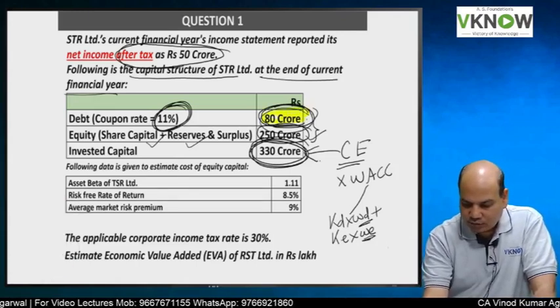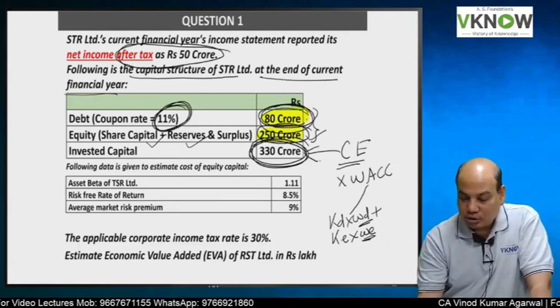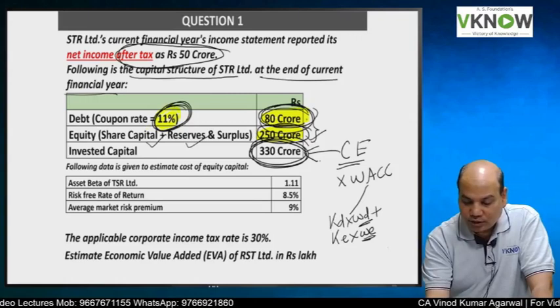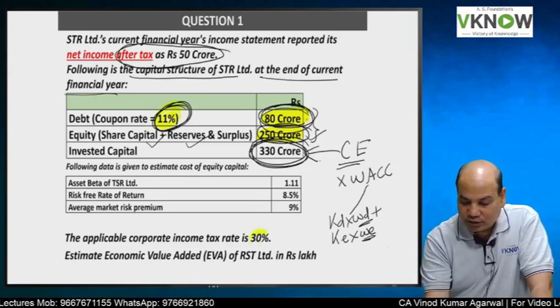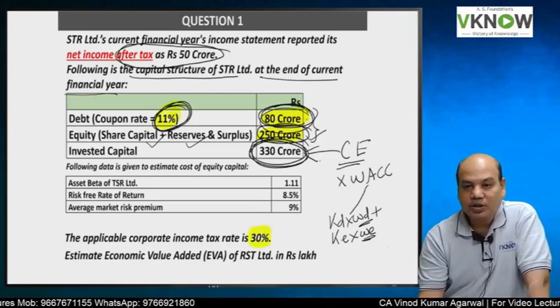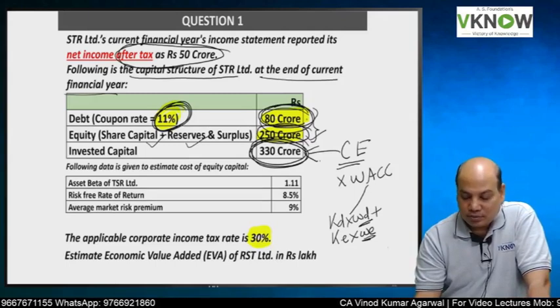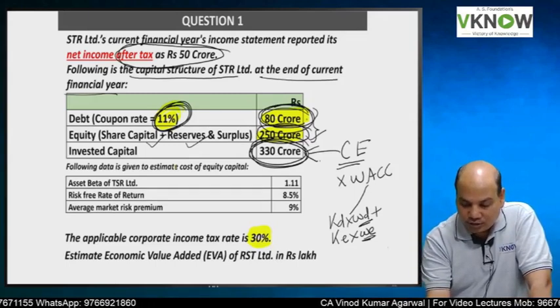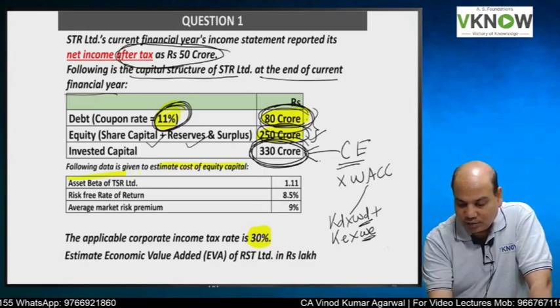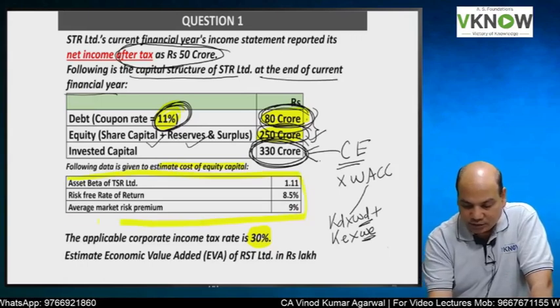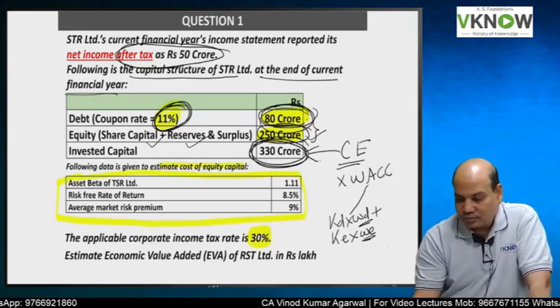Cost of debt also you can calculate easily: 11% is the interest rate and 30% is the tax rate. So cost of debt you will get. But cost of equity will be calculated by applying this data, and which is tricky.